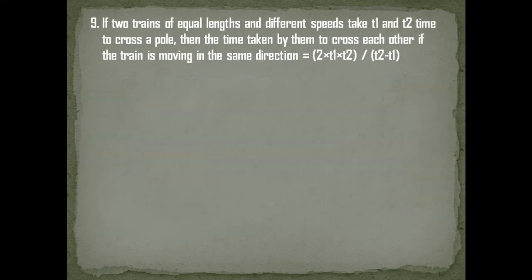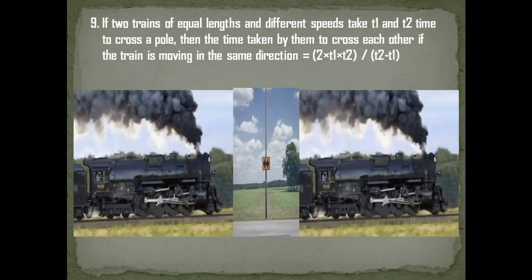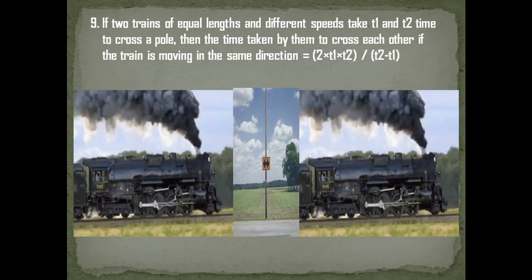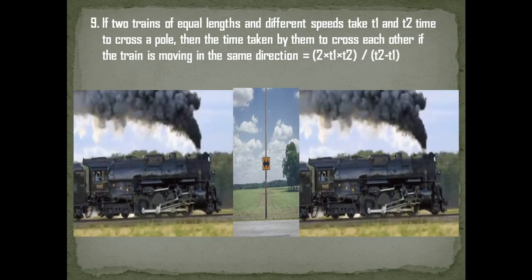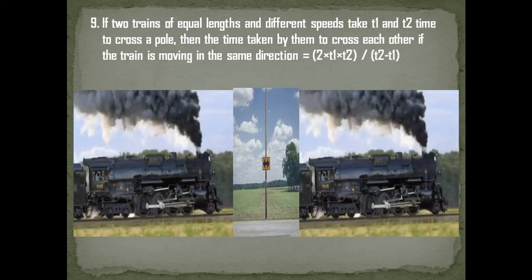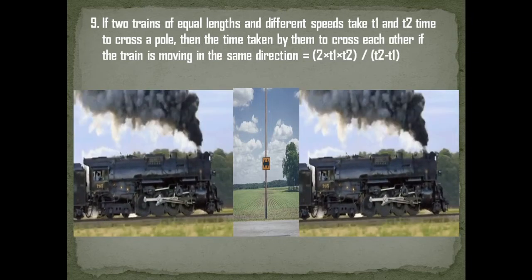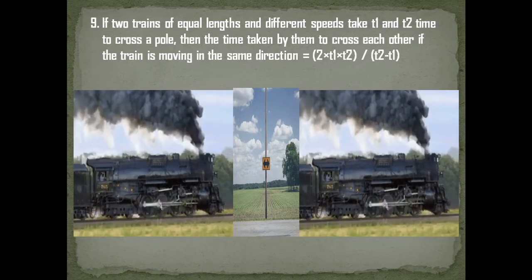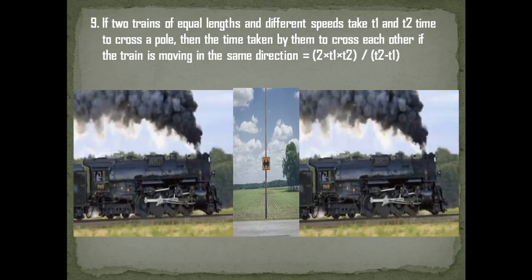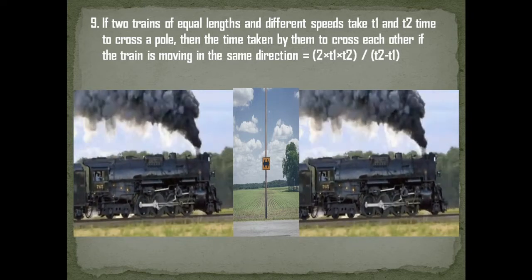Okay. Now similarly, if two trains of equal lengths and different speeds take T1 and T2 time to cross a pole, then the time taken by them to cross each other, if the trains are moving in the same direction, is 2 T1 T2 by the relative term. So what is it now? T2 minus T1, because they are moving in the same direction. You can observe the video over there. They are moving in the same direction.